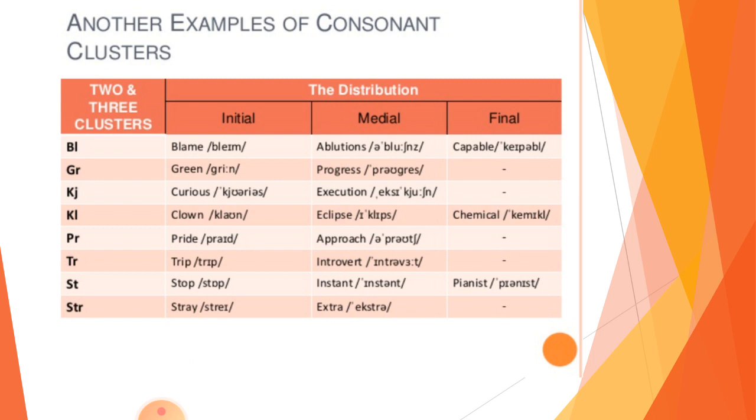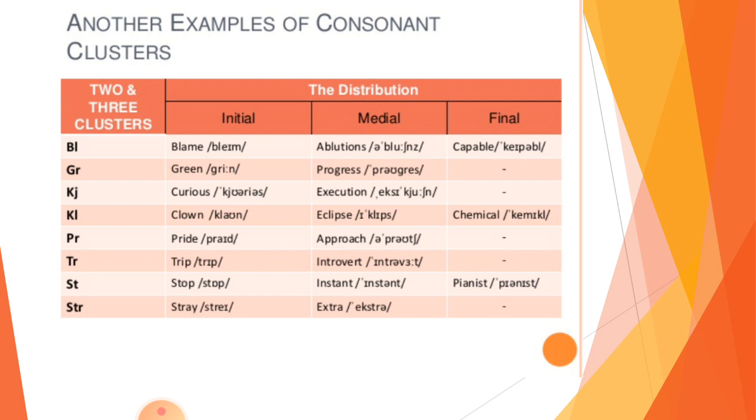Defining consonant clusters as sequences of consonant sounds that are part of the same syllable is important in order to distinguish them from sequences of two consonants that belong to different syllables.